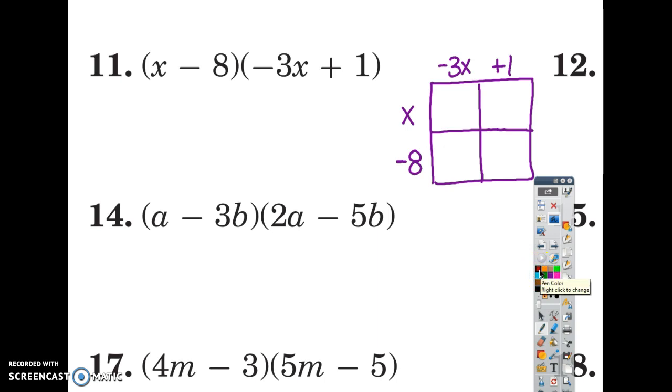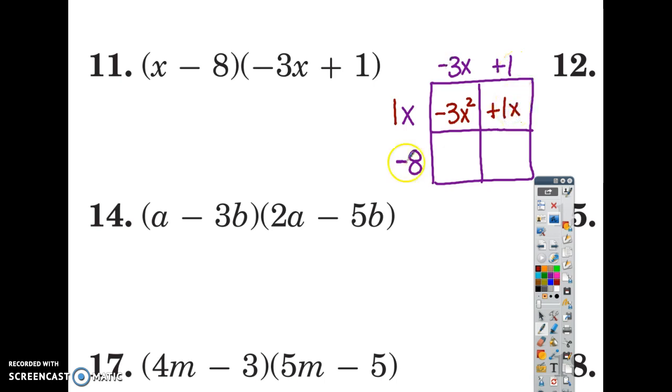And you start multiplying. So remember, this is an invisible 1. So 1 times negative 3 is negative 3. x times x is x squared. I have 2 x's. 1 times 1 is a positive 1. There's an x here, no x here, so it's just 1x.